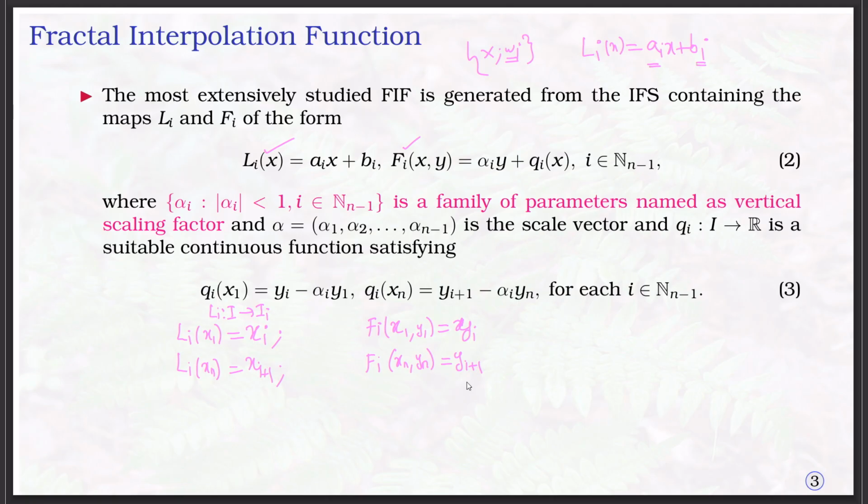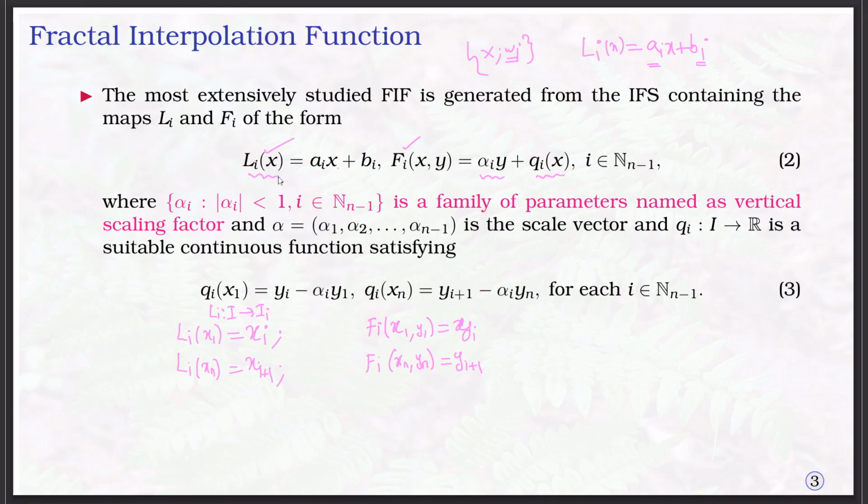Now, for generating the fractal interpolation function, the most widely used iterated function system has Li of the form ai x plus bi, which is very obvious, and Fi of x comma y equal to alpha i of y plus qi of x.